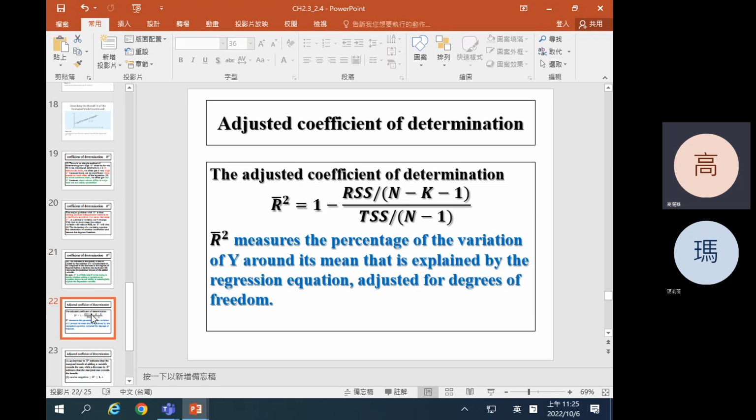Okay, and now I'm going to compare this expression, since this is the original R squared, with the adjusted R squared, which is equal to 1 minus RSS and TSS again. But I have to divide each by its degrees of freedom, both in the numerator and denominator.